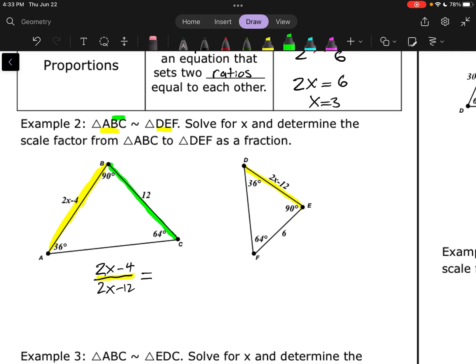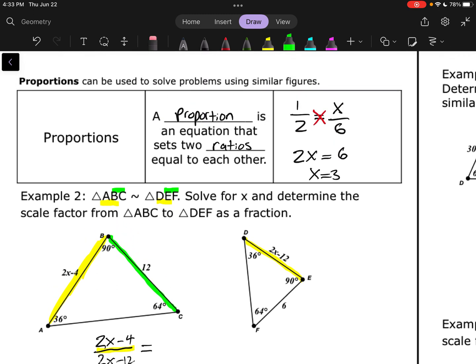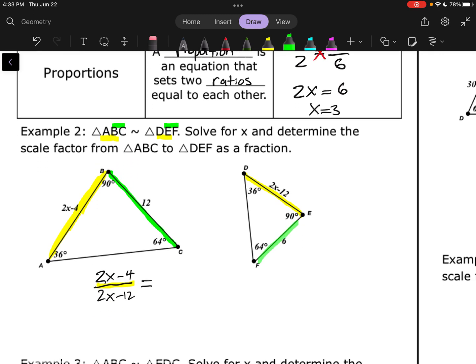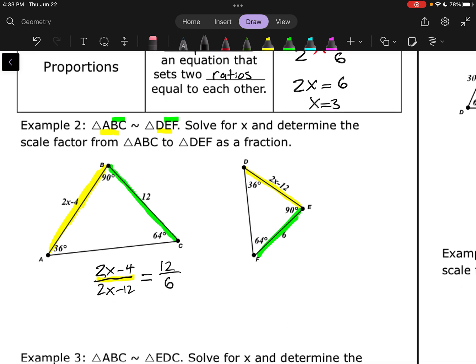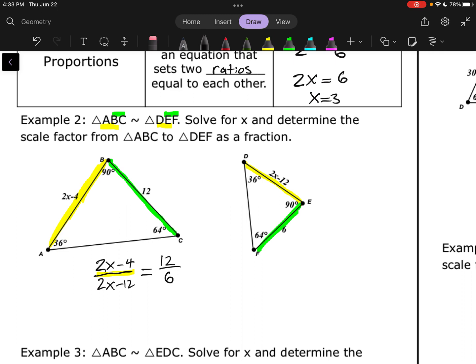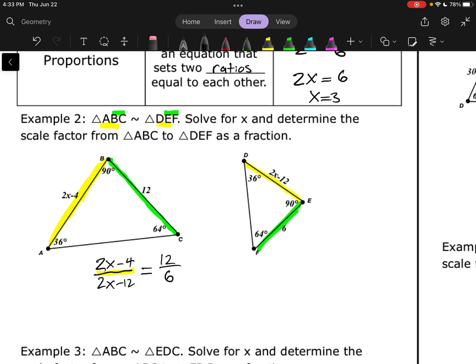Well, that corresponds to side EF, the last 2 letters there. So I could set up another ratio to set it equal to as 12 over 6. Now, I could have reversed all of those. Like I could have done the 2x minus 12 over 2x minus 4, but I would need to set that equal to 6 over 12 as well. So just be careful, be consistent with the way that you're setting these things up.